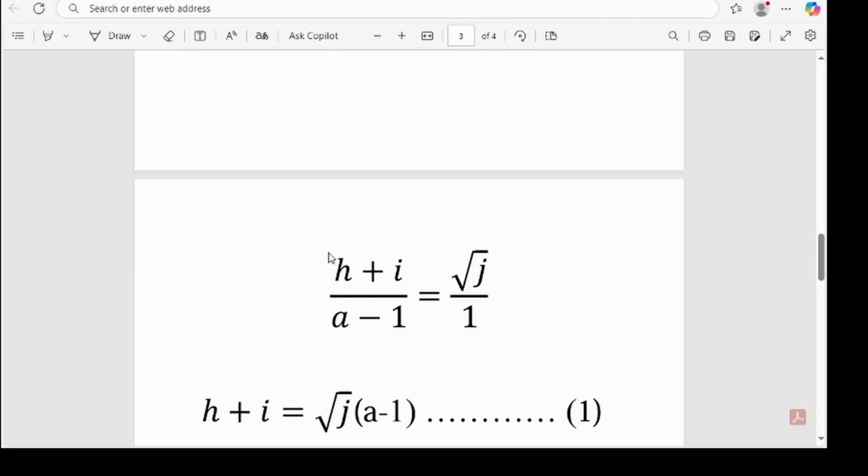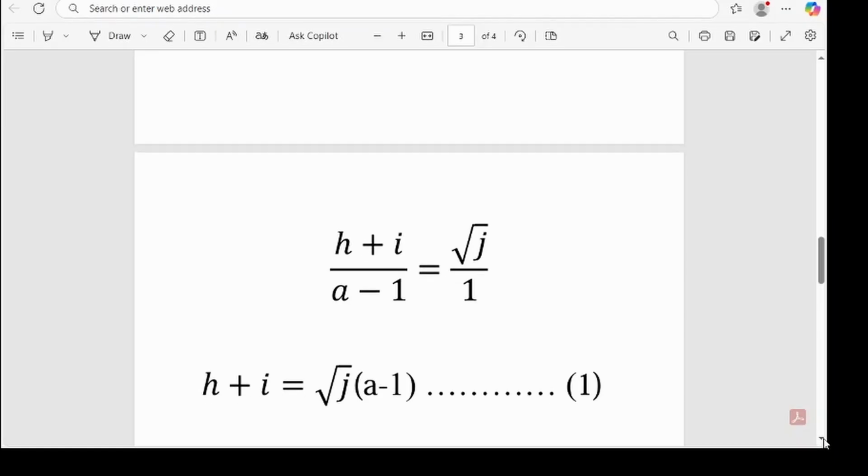So 1 times (h + i) will give you h + i, and (h - 1) multiplying the square root of j will give you the square root of j multiplying (h - 1). We equate it as equation 1.